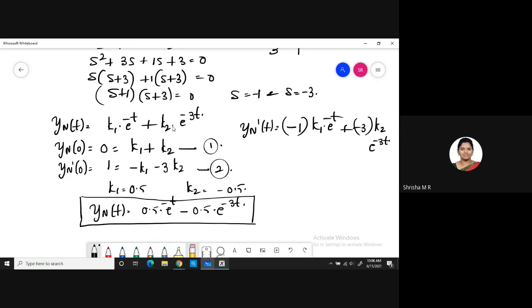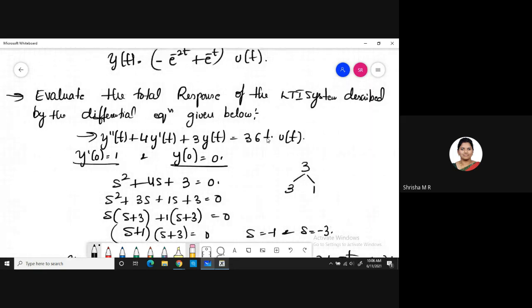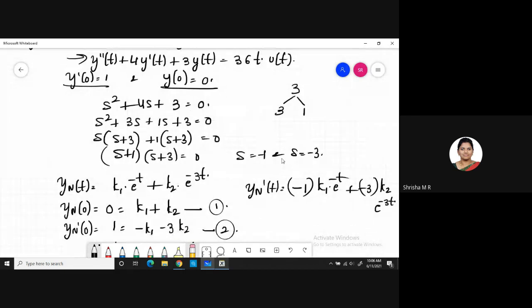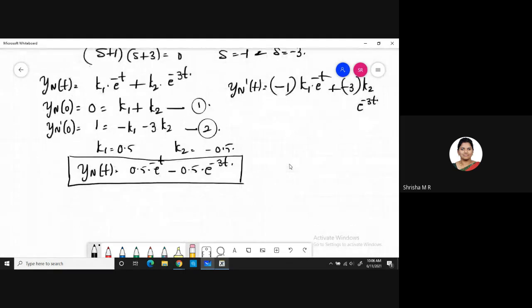Okay. Next, you have to find the particular response. So what is the input given? 36t into u of t is the input. So what is your particular response structure? We are finding the particular response now to find the forced response.